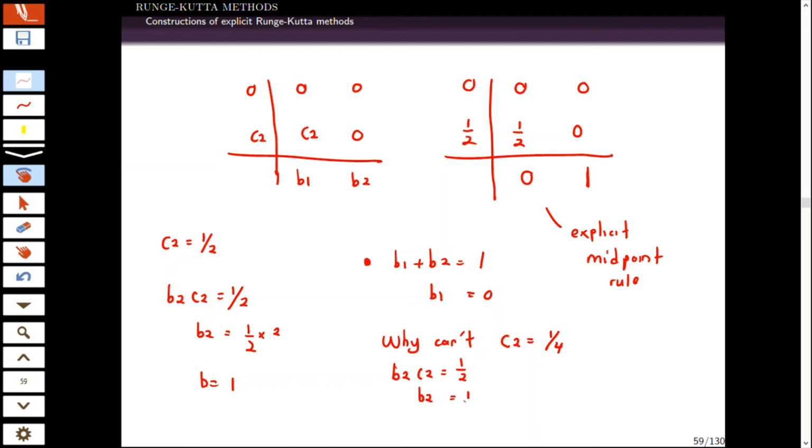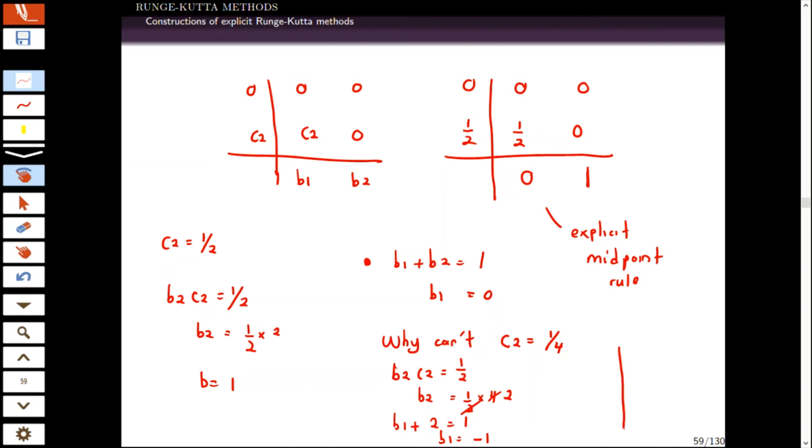B2 will be half times by 4, where B2 is 2, right? And then to find B1, we have B1 plus B2, 2, equals to 1. So B1 equals to 1 minus 2, which is negative 1.